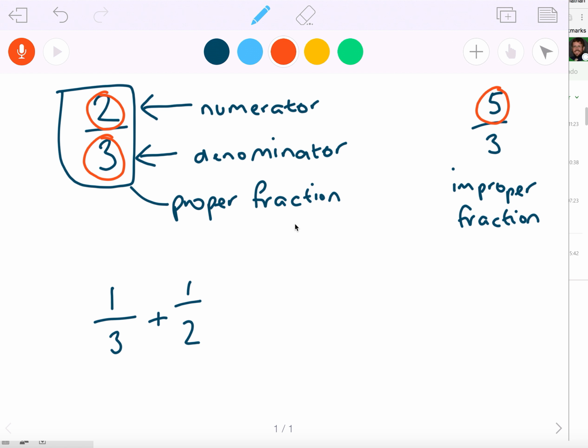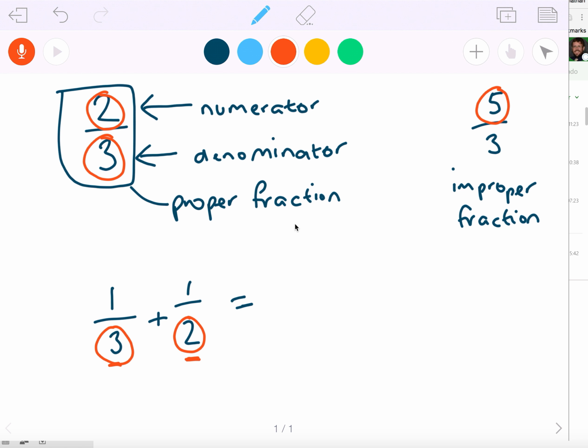So what am I saying there? I'm saying this denominator and this denominator must be the same. We've got to find a number that is common to both, so we're going to look for multiples.